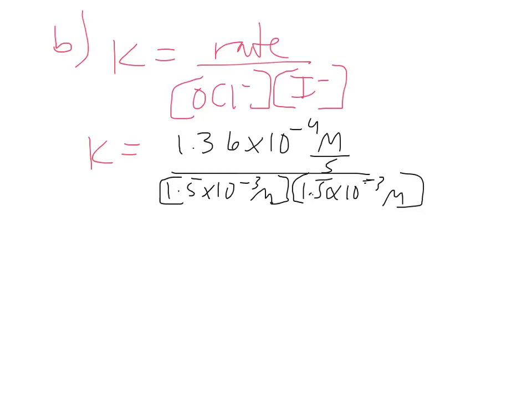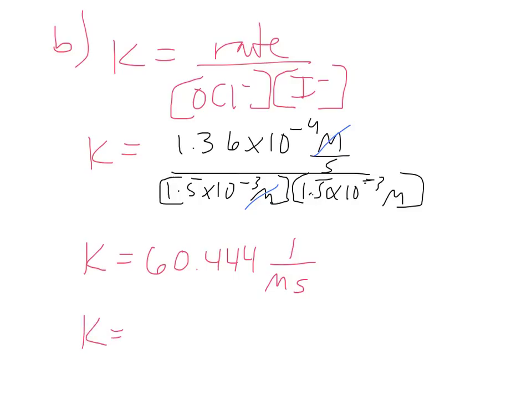When this is simplified, we can simplify the units first. That molar and this molar can cancel out. And when we simplify the entire expression, k equals 60.444, and the units are 1 over molar seconds.